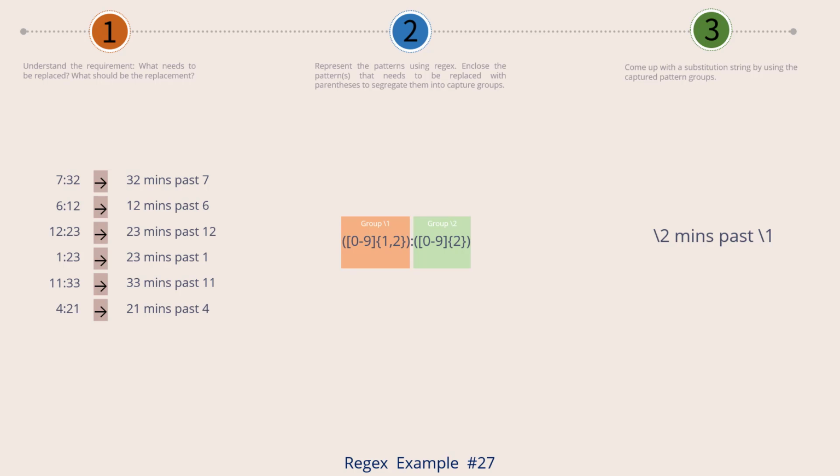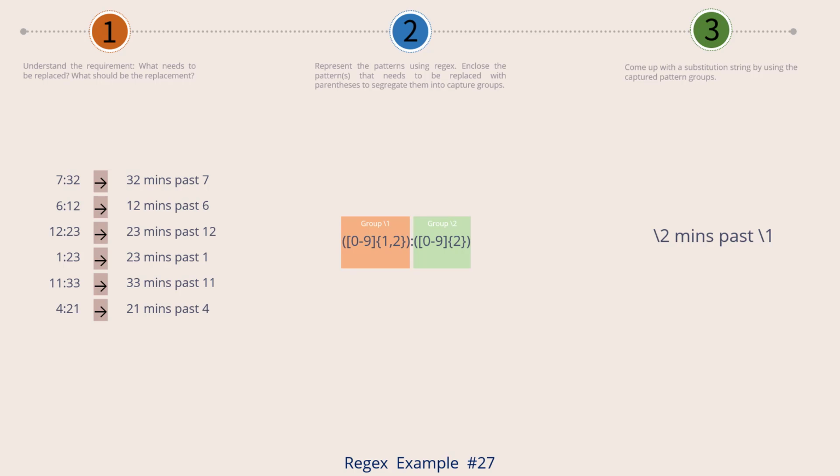It will take the contents of capture group number 2, which was minutes, and put it in the position of \2. Similarly, the \1 is replaced with the contents of the first capture group, which is the hour.